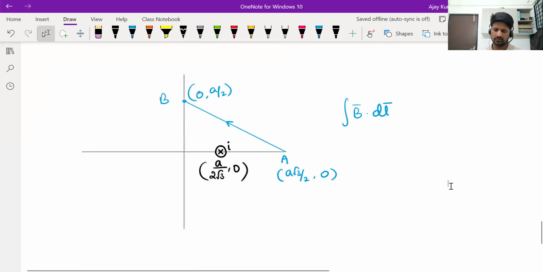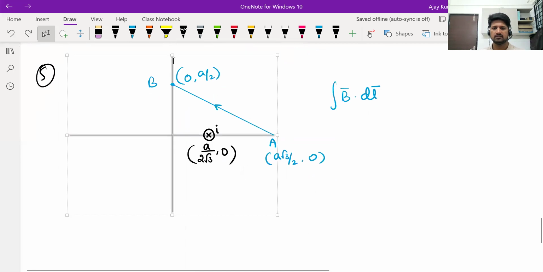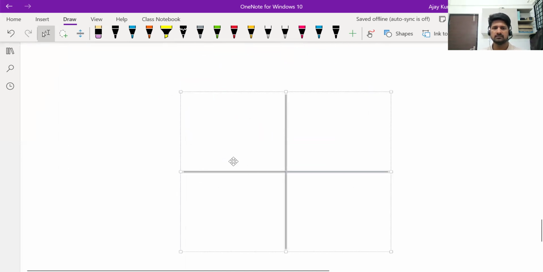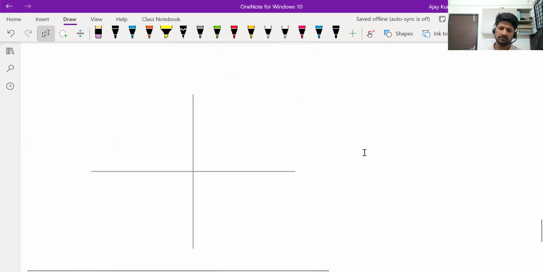Consider a wire, but okay, wait, we don't need all this. Just a moment. We'll just take the coordinates. Consider the coordinate system like this. Assume current is passing exactly along the z-axis.